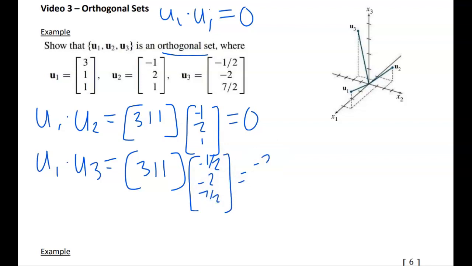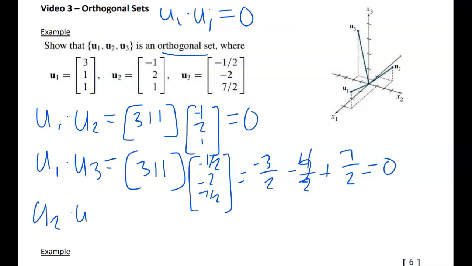Okay, I need to write this one out. -3 halves minus 2, and then plus 7 halves. So that's 4 halves here. Yep, that's 0.